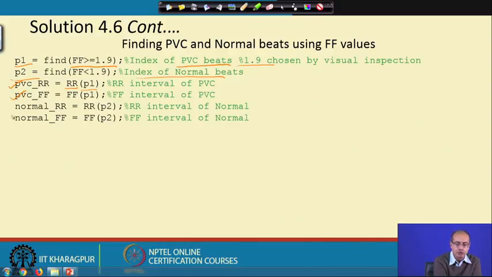Same way, we put the RR values of the normal and the FF values of the normal beats.